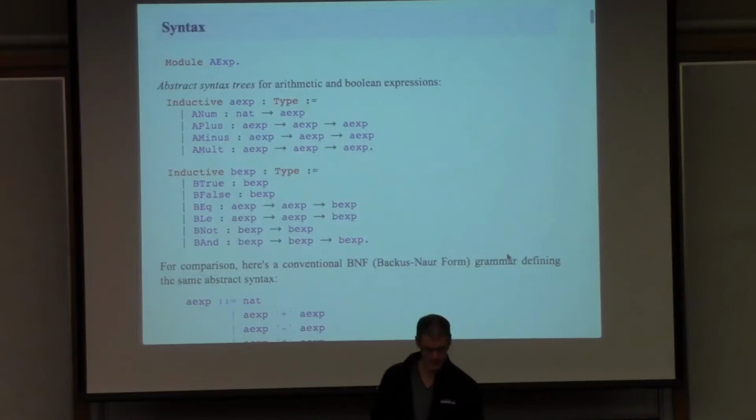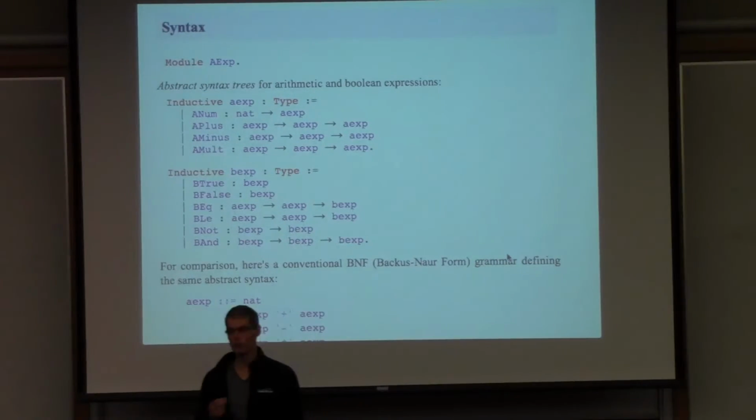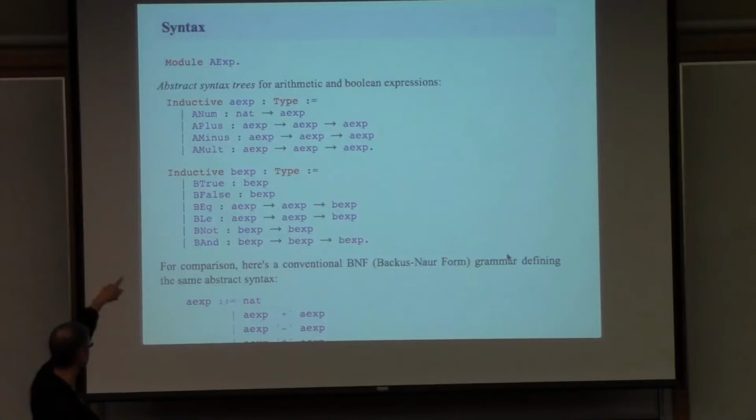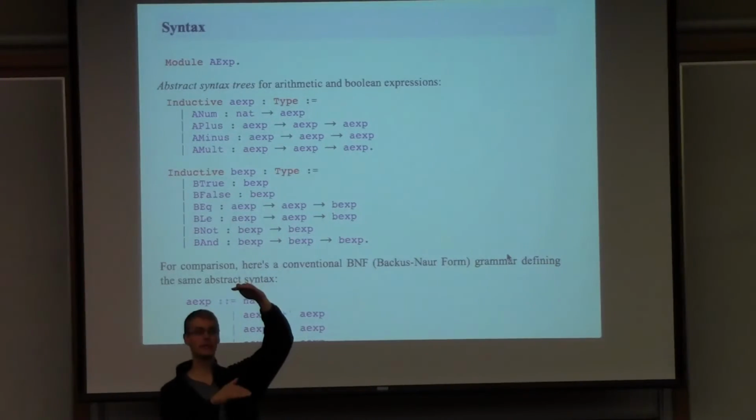But in formalizing programming languages, we usually skip that step and just talk directly about abstract syntax. Okay, so this is the abstract syntax of arithmetic expressions and Boolean expressions. So the syntax of this language has three layers.